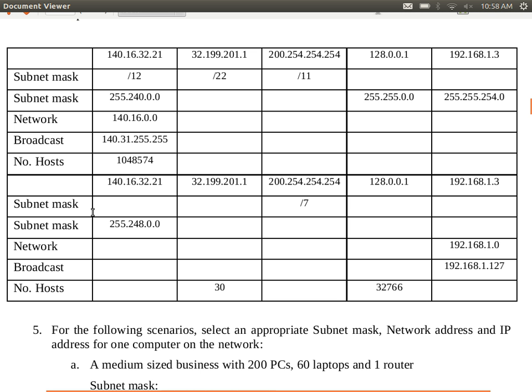So we may say 140.16.0.0/13 is the network address, because we combine the IP address and the subnet mask. And the answer here would be slash 13. The network address is 140.16.0.0. A network address is a special address.